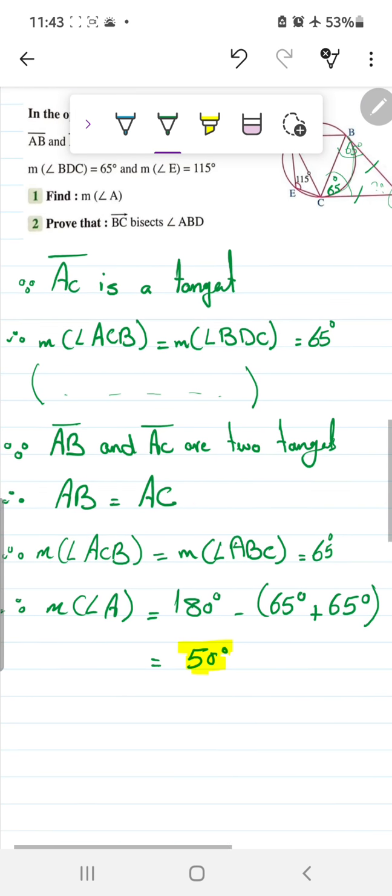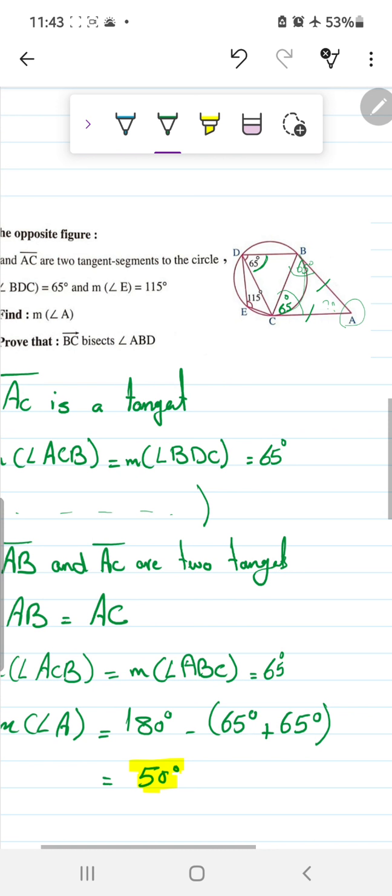Okay, the second one, we want to prove that BC bisects angle ABD. It means we want to prove that measure of angle ABC equals measure of angle DBC. So we want to get the measure of DBC. Okay, it's very easy.